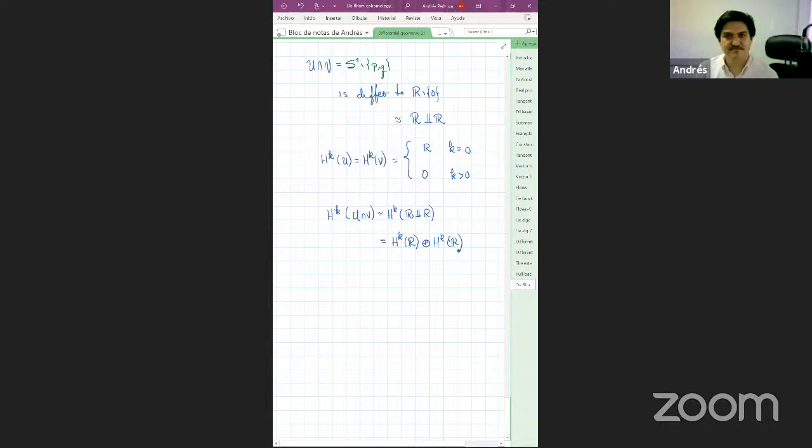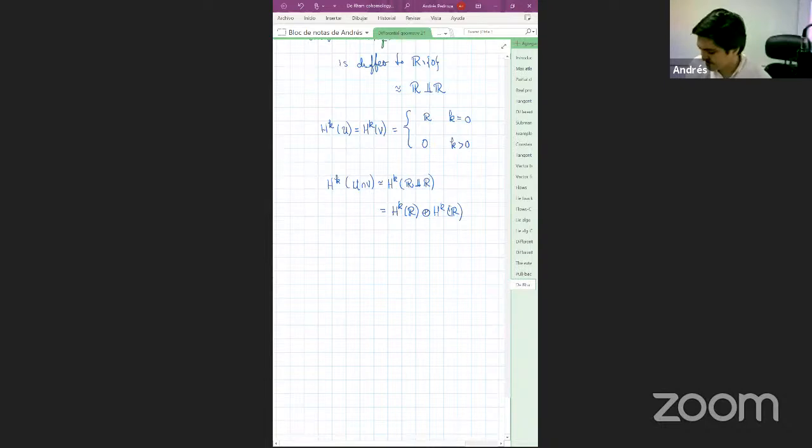Right? You have a differential form on a manifold that is not connected, so it's the same as taking a differential form here and a differential form here. There's no interaction between the two because the manifold is not connected. You have 2 components. Okay, so then what is the answer here?